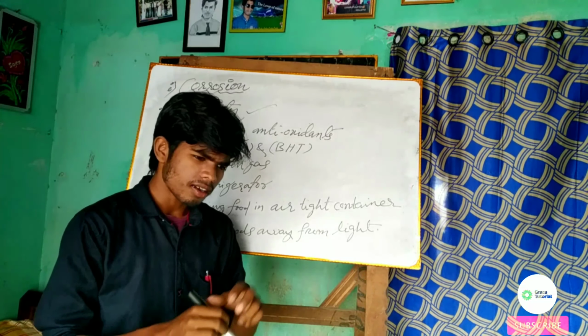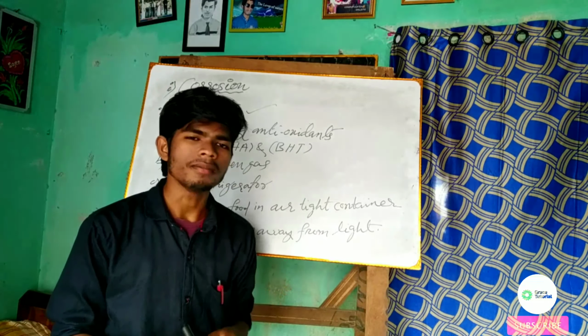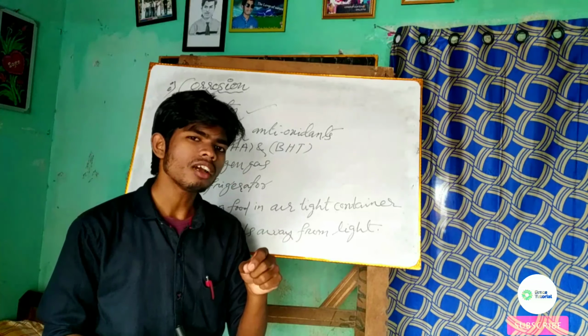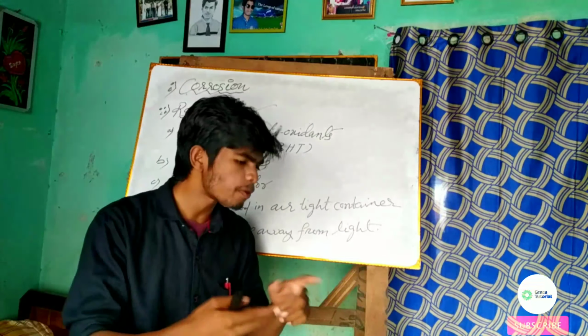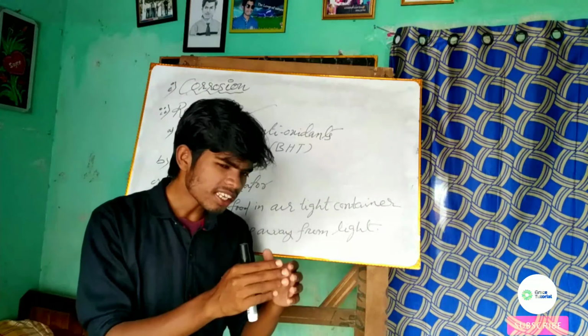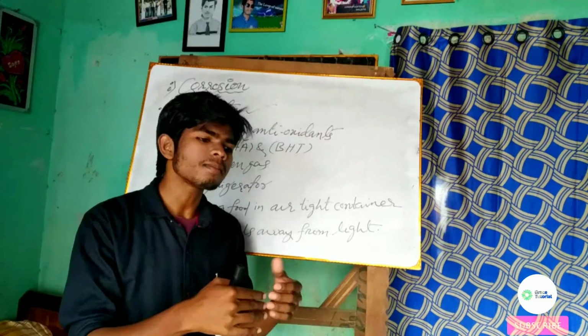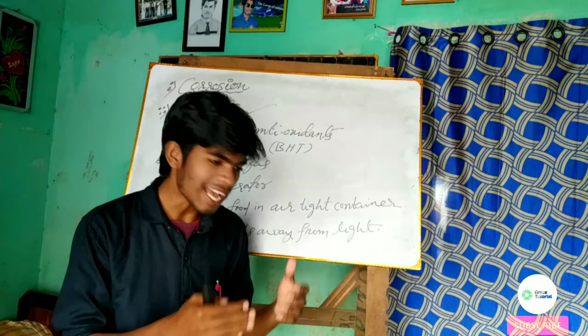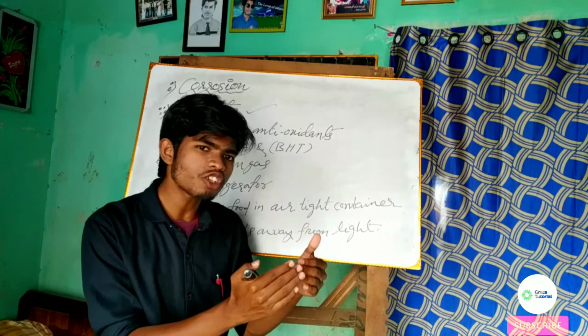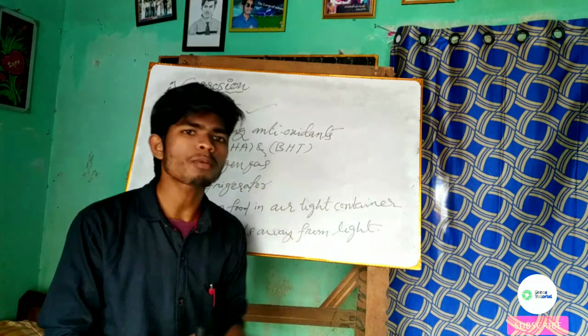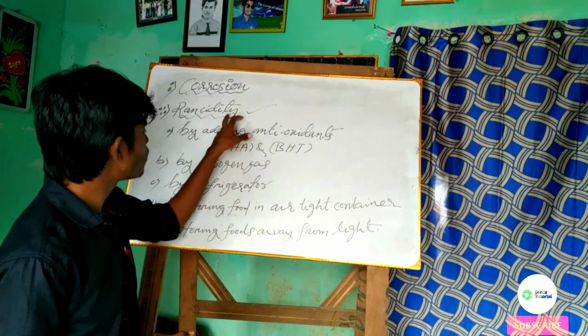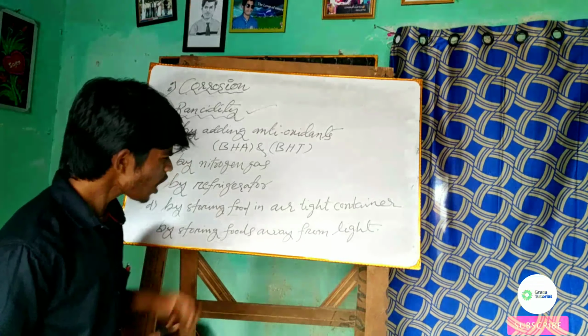That means the condition produced by the oxidation of the fats and oils in the food item will completely change its taste and smell. The taste and the smell will change in a very different way due to the oxidation process, and that condition is what is basically called rancidity.